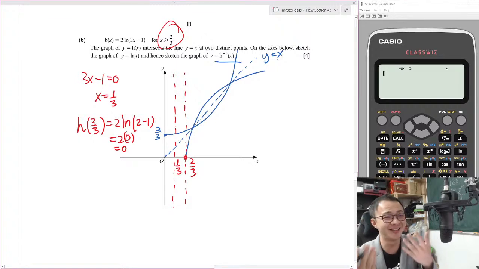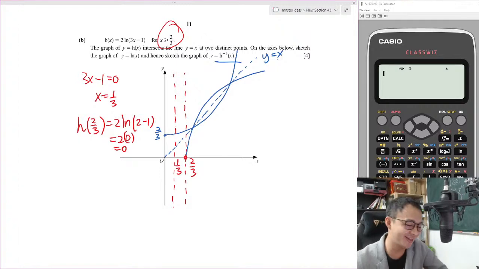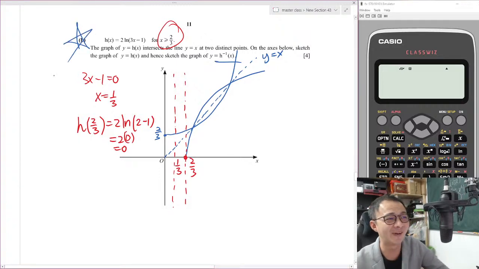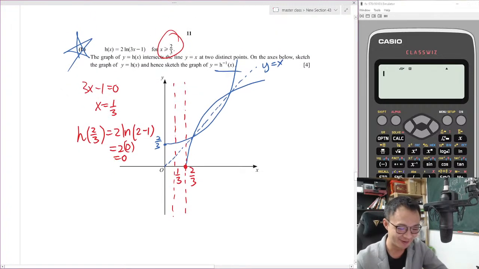So yeah, this is how to draw the e^x and ln graph. I would say it's quite hard, but you have no choice. You need to understand how to draw it. This is what you have. Anything you want to ask me?